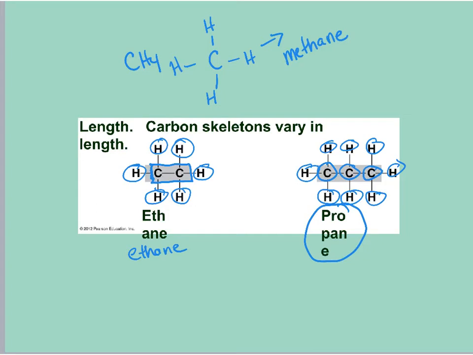Let me erase that here real quick, and I want to just kind of make a link between this week and last week's material. In that, remember we said bonds represent energy, and each one of these lines is a bond, right? So if you turn on your propane gas tank to your grill, and you add a spark or light the grill, what you'll soon find is that the grill is getting warm.